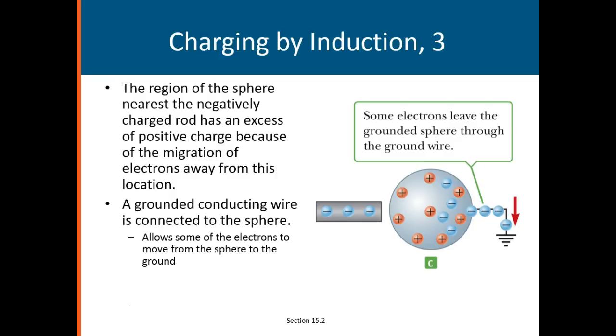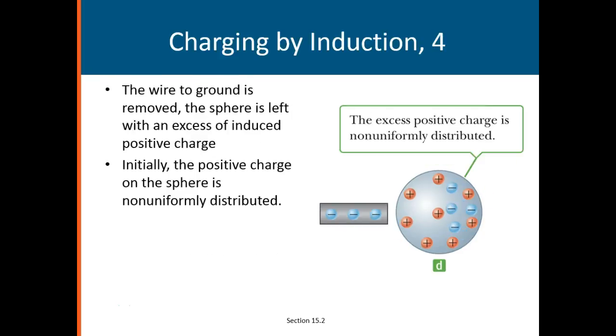And then you take off the ground and remove the rod, and then the conducting wires connected to the sphere allow some of the electrons to move from the sphere to the ground. Then you remove the ground, remove the rod, and what do you have? This is still as negative as it had before. The charges couldn't move anywhere, nothing touched, but you have excess positives here.